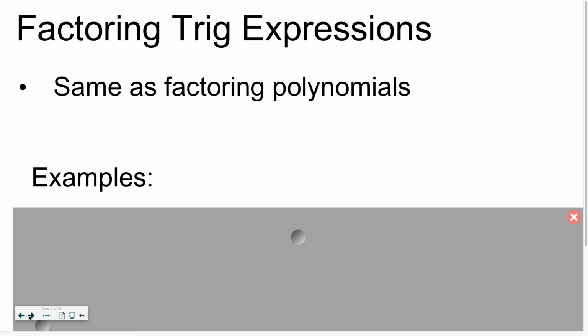So let me make it tangent squared x plus 5 tangent x plus 6. Then I could think about factoring it. Well, what would multiply to give me tangent squared? A tangent x times a tangent x.